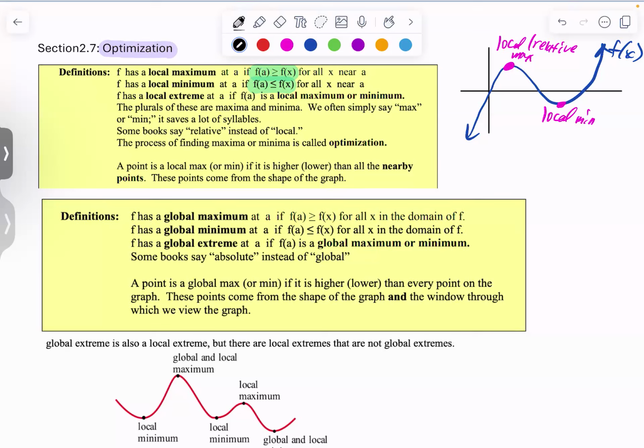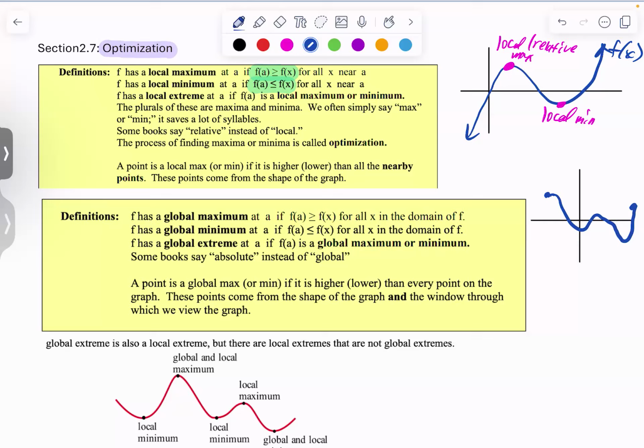That's usually going to be a finite graph where we have the graph of our function, and it starts somewhere. It ends somewhere else. So here's our function.